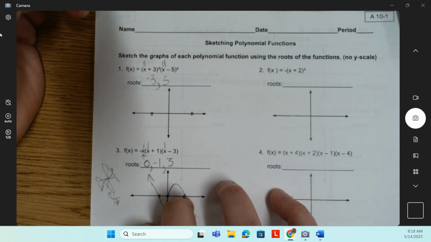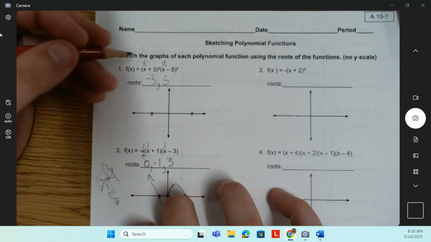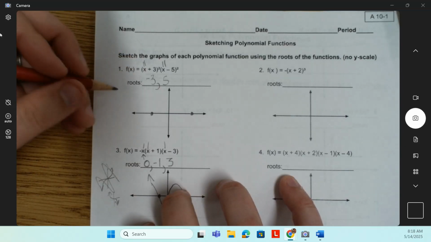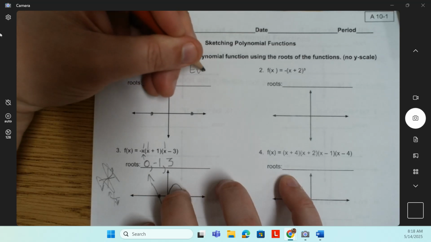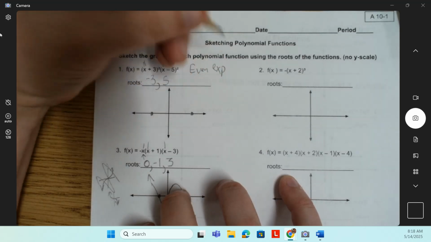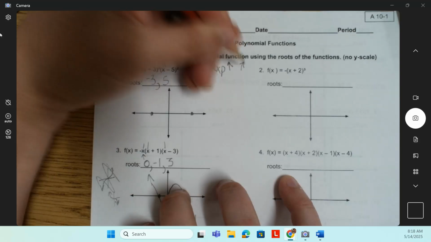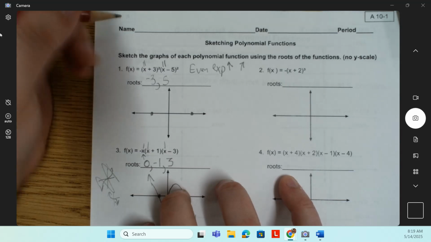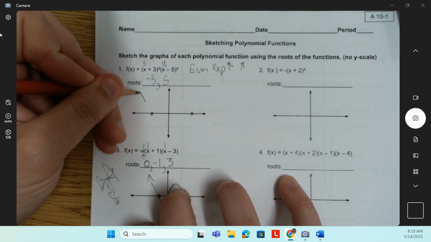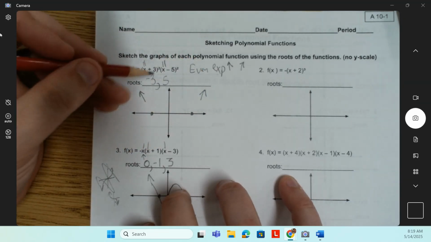So that means it's to the 4th power. So any even number is going to go up on both sides. And if it has a negative in front, it would then go down on both sides, but this one does not. So it's going to go up on both sides.